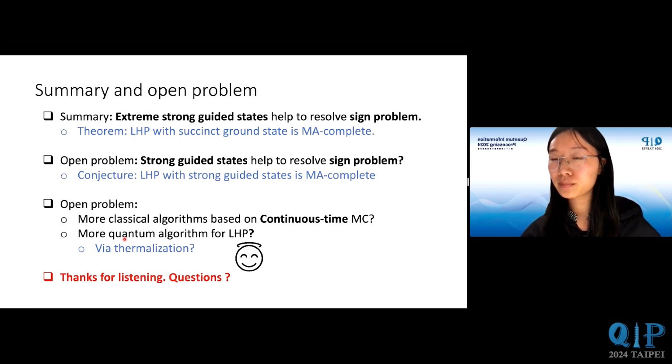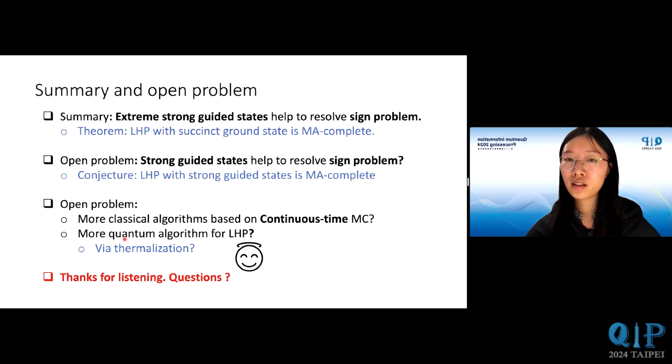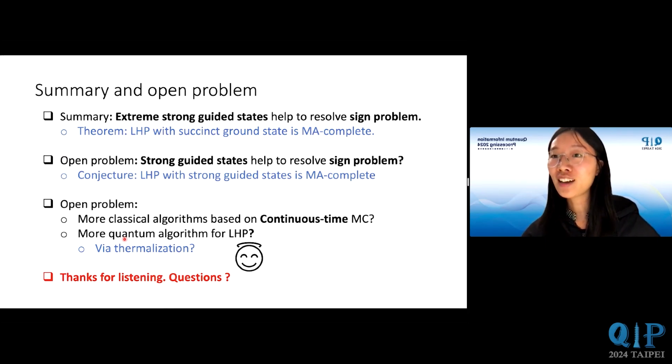Does it become trivial, or is it just a different setup? First, I think sample access with some other condition will make this problem trivial. But for sample access itself, I'm not very sure. I see. Okay. Thanks.